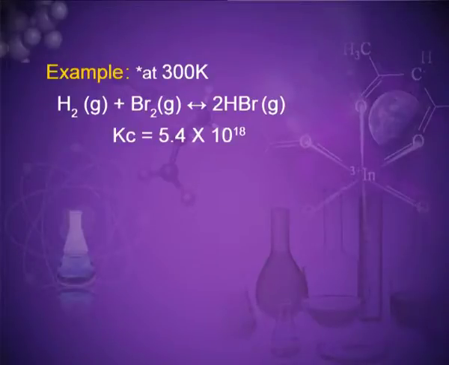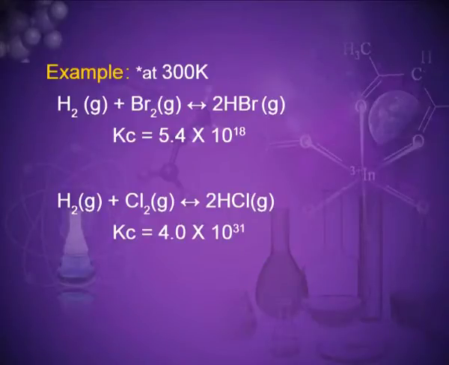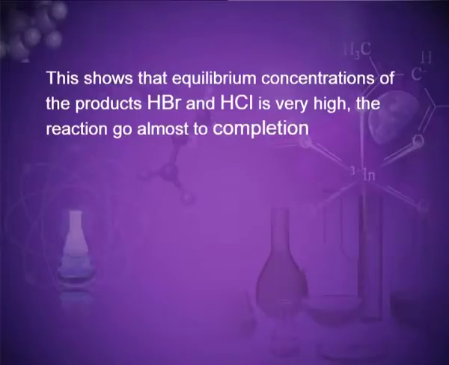The Kc for this reaction is 5.4 into 10 to the power 18. Next, H2 plus Cl2 gives 2HCl. Kc for this reaction is 4.0 into 10 to the power 31. This shows that the equilibrium concentration of the products HBr and HCl is very high. The reaction goes almost to completion.